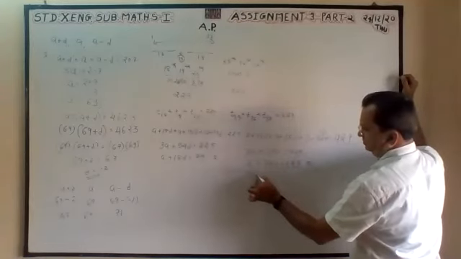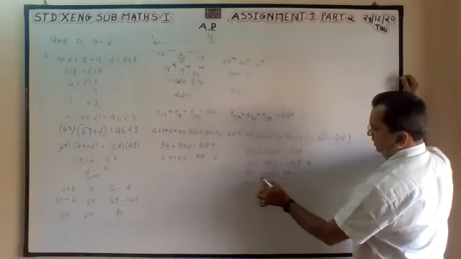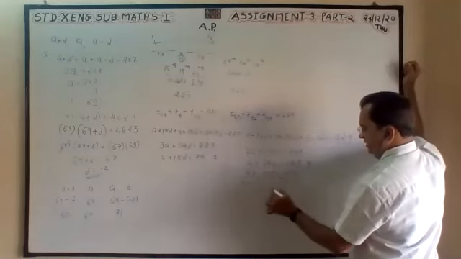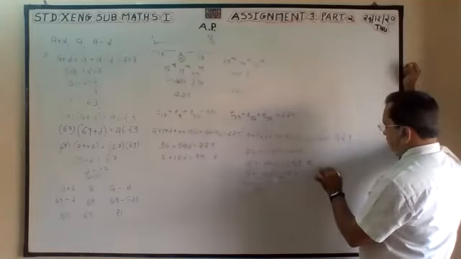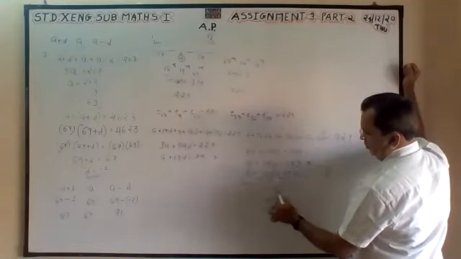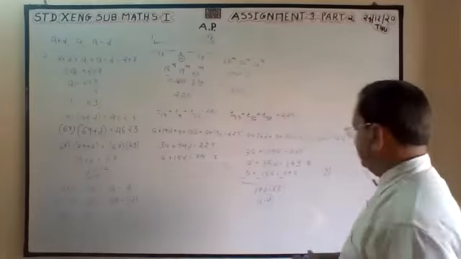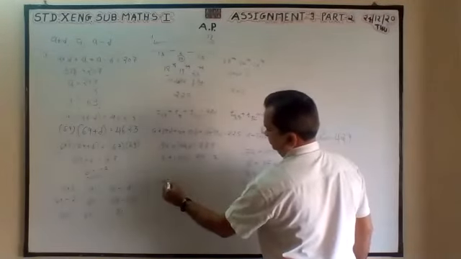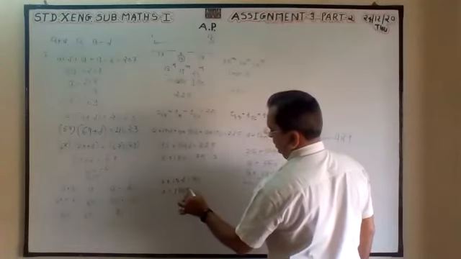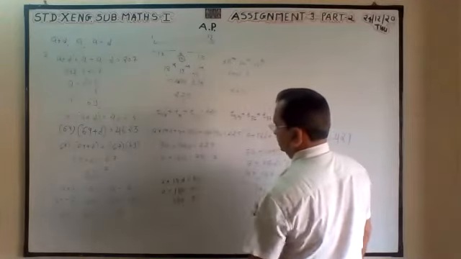Now I will subtract. This will cancel. 35 minus 18 is 17D, and 143 minus 75 is 68. So D is equal to 68 by 17, which is 4.